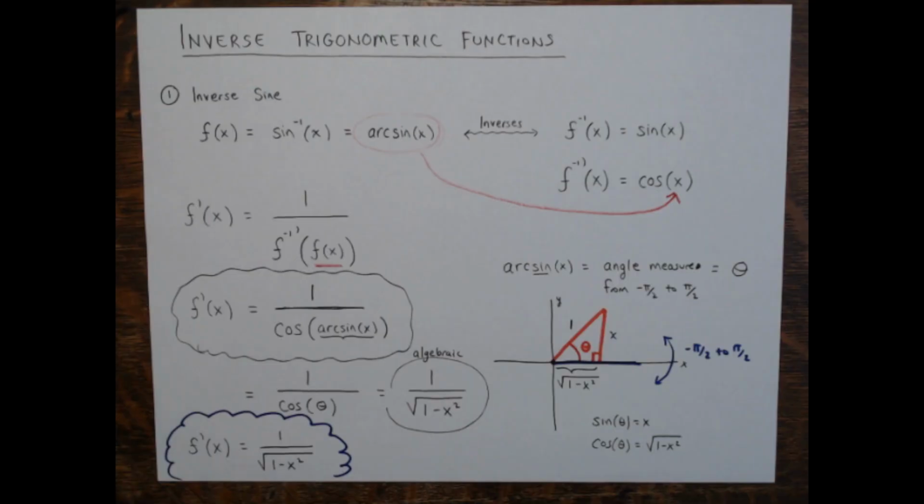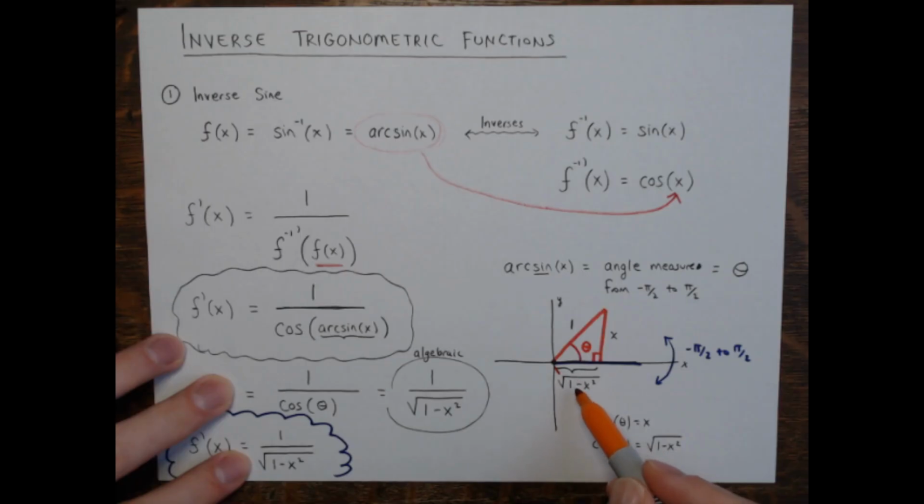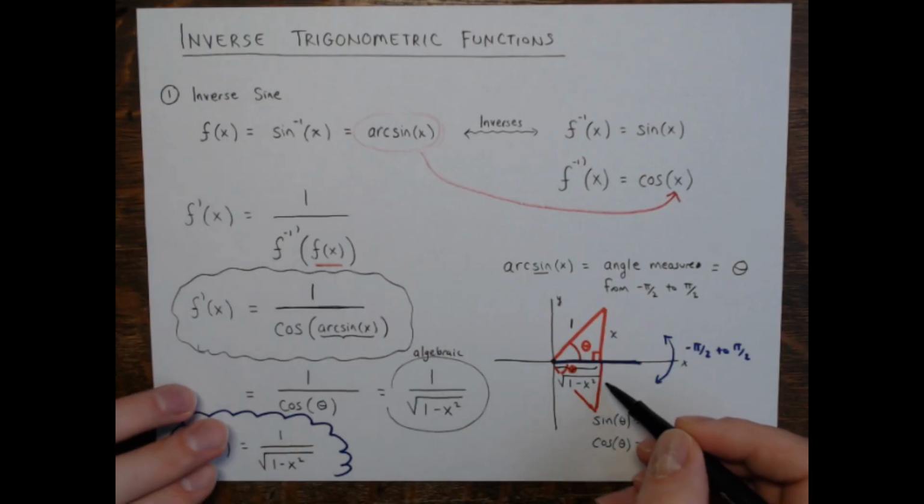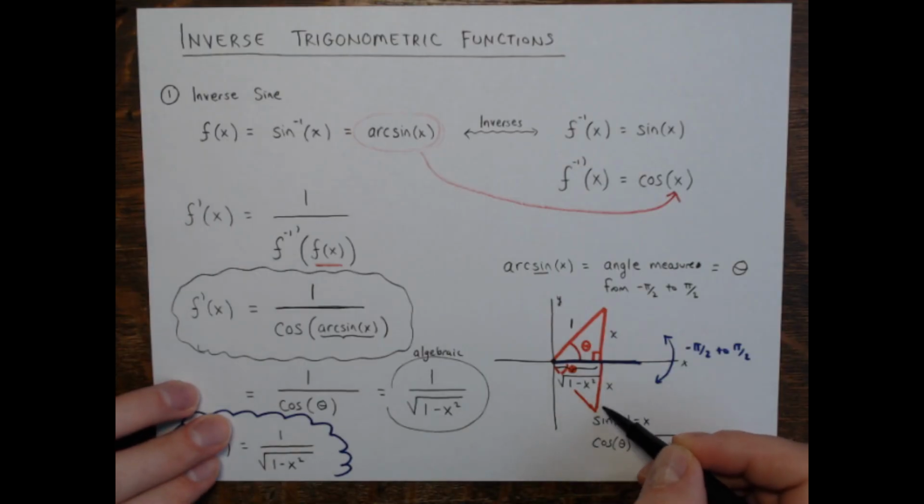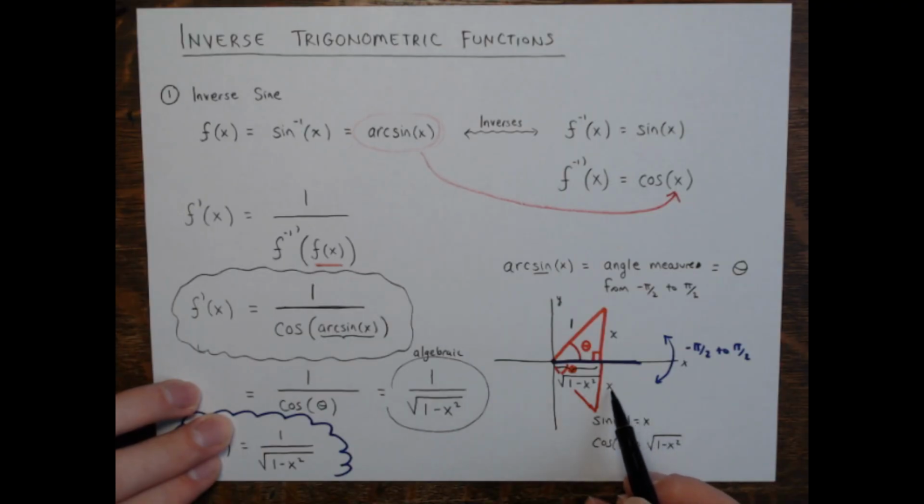And the same would go if I had an angle that was in quadrant 4. If theta were negative, x would be this value down here, and then 1 for the hypotenuse, and it's still the same length, and it's still a positive quantity.